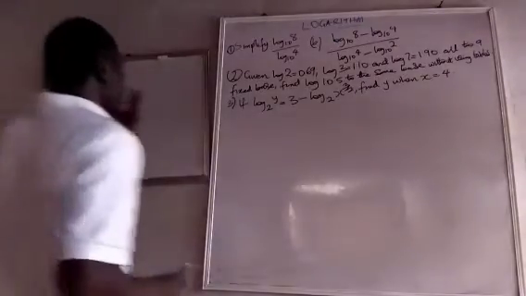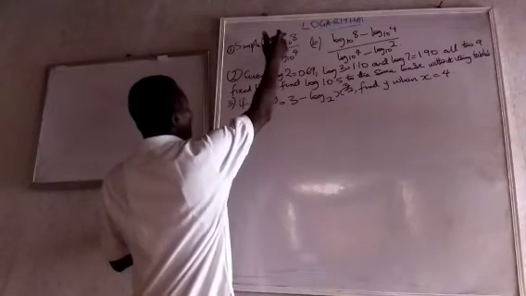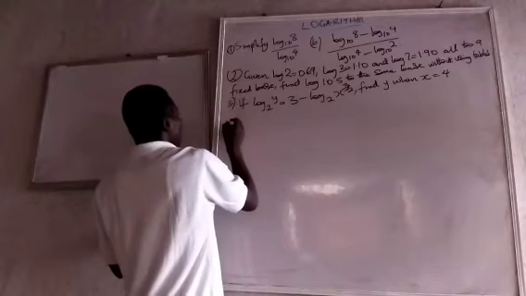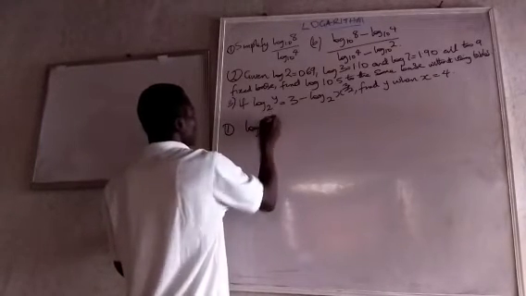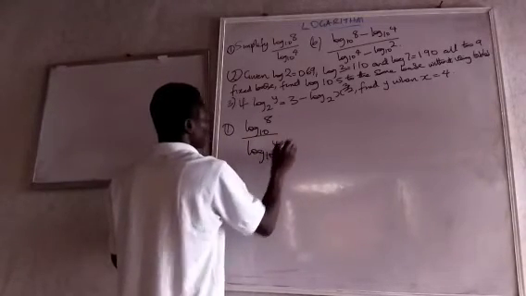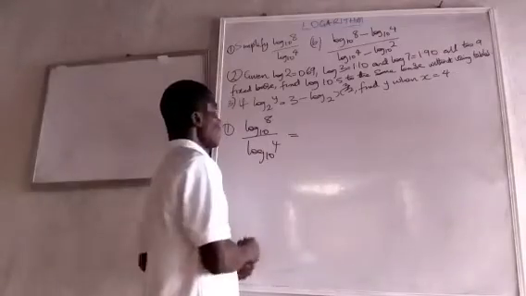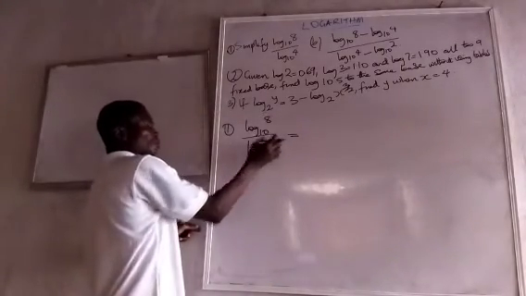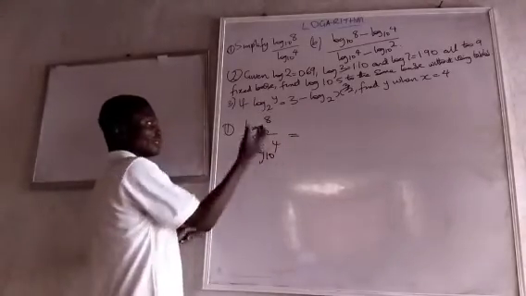Now let's look at some examples. The first one says simplify log 8 to base 10 over log 4 to base 10. For ease in handling, we break this to the base that is common to the two of them, and the base is 2.